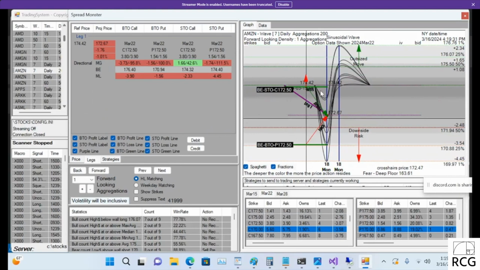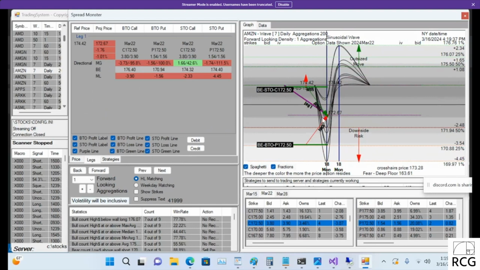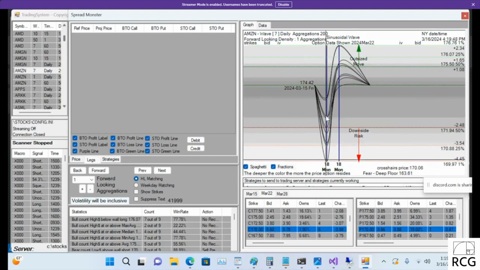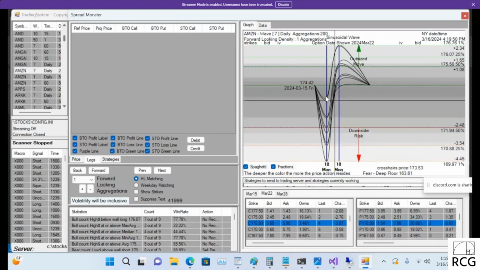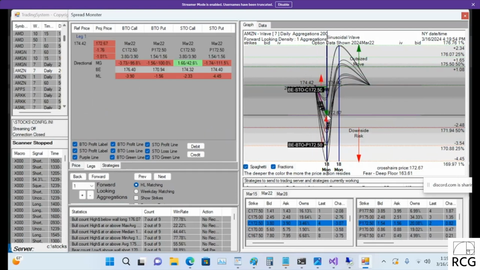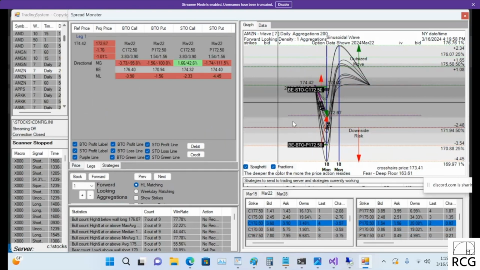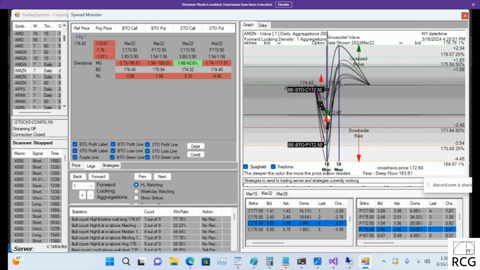Because if you look on the sinusoidal wave, you can see we've got 2 points here, 2 spaghettis here, 2 here, 2 here. So technically, if you draw from here to here, it is a super high odds of that being hit.